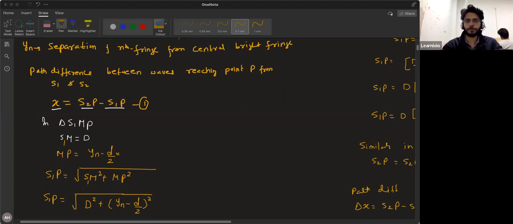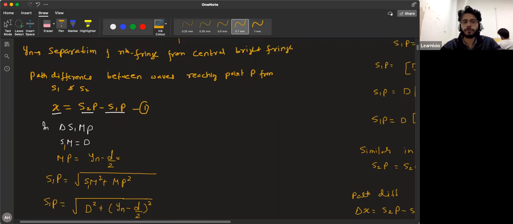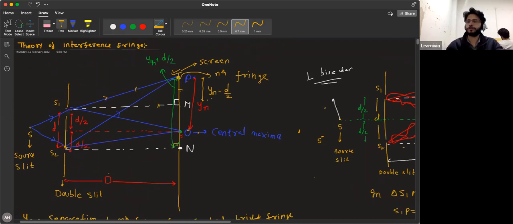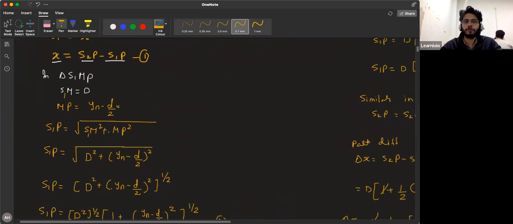Sir, is the square root for both S1M or only M? Square root is on both S1M plus MP. See, S1M is one side, and PM is another side. Square root is over the whole S1M square plus MP square.